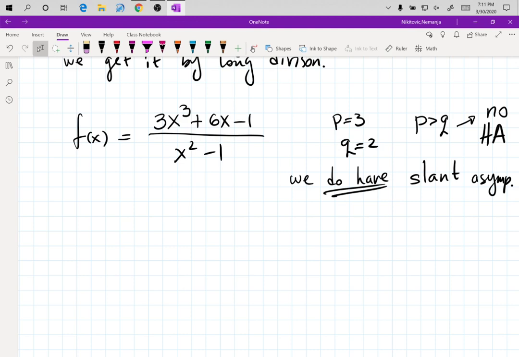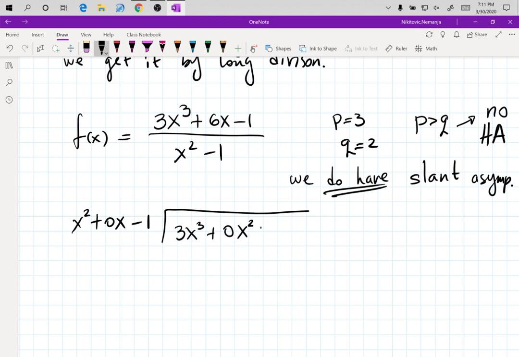So let's see. We have x squared plus 0x minus 1. I'm going to put this 0x in as a placeholder because it's missing. Divided into 3x cubed plus 0x squared plus 6x minus 1.